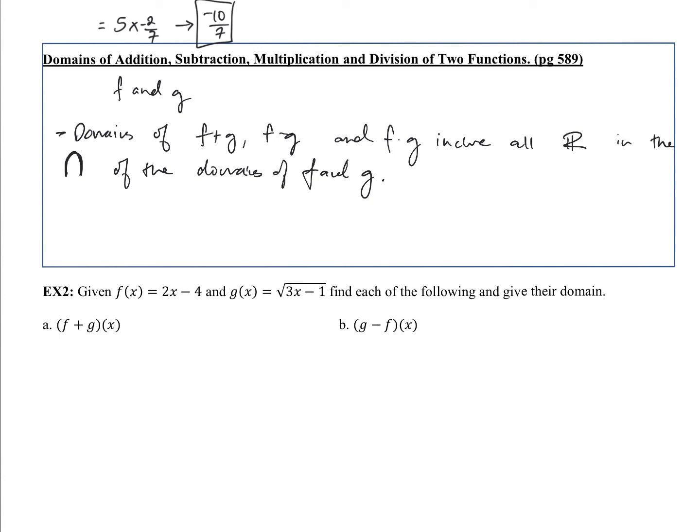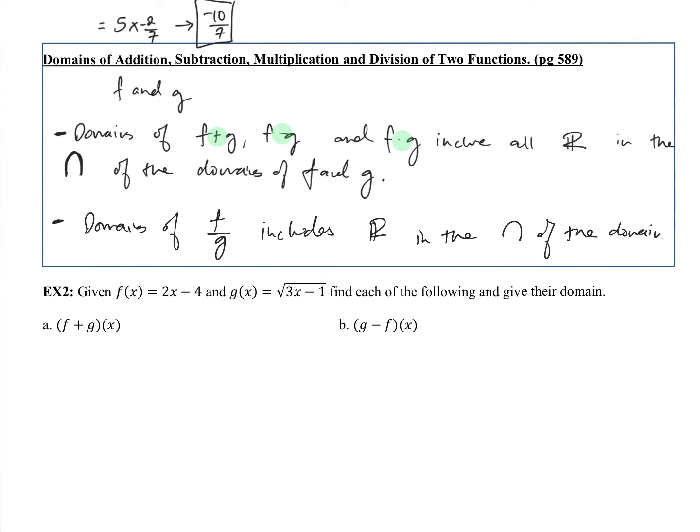Now, the next one. So we only covered addition, subtraction, and multiplication. We still have other ones. So the domain of f divided by g includes the real numbers in the intersection of the domains of f and g, but we have something else we have to watch out for.